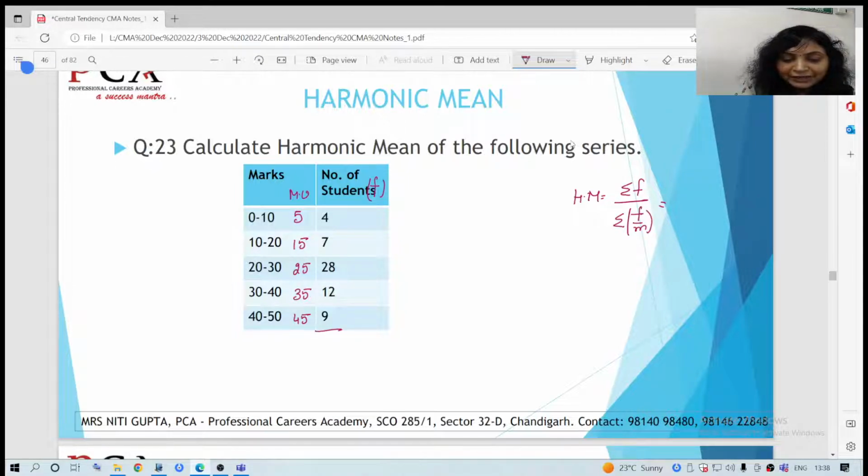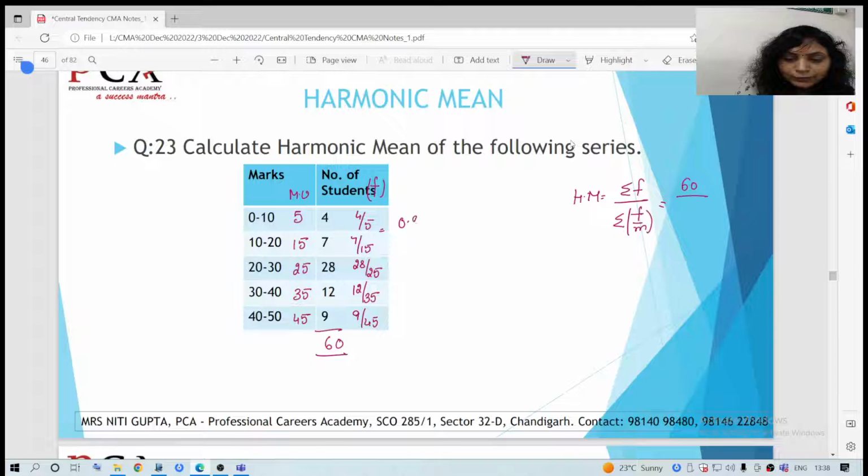So summation f is 60. So this is 60 upon, so first we have to find out 4 upon 5, 7 upon 15, 28 upon 25, 12 divided by 35 and 9 divided by 45.